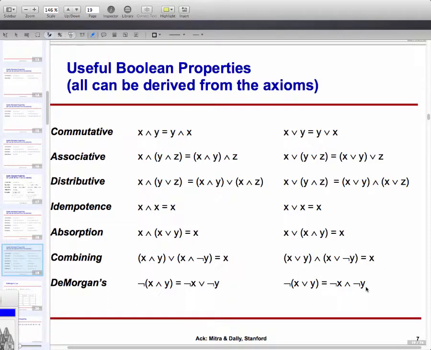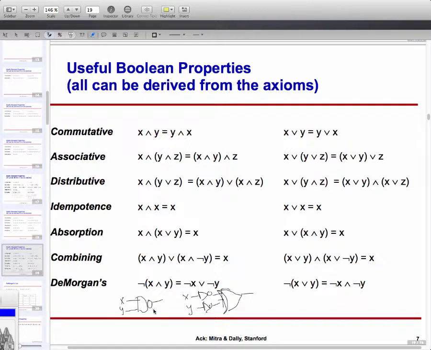Another way of saying it is, this left property is saying that if I have a NAND gate, which is the left-hand side, it is the same thing as first inverting the inputs and then an OR gate.